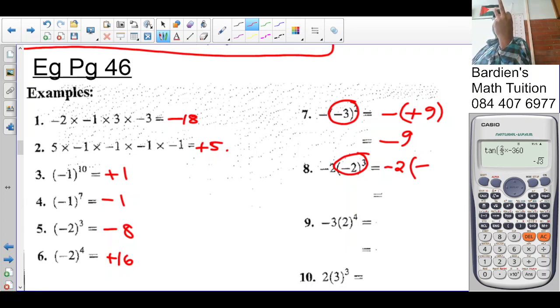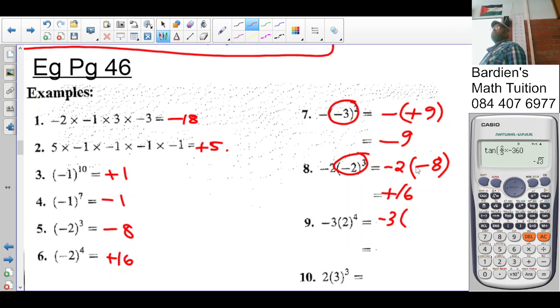Times 2, 8. 3 cubed is not 9. It's 27. Negative times negative? Positive. 8 times 27?